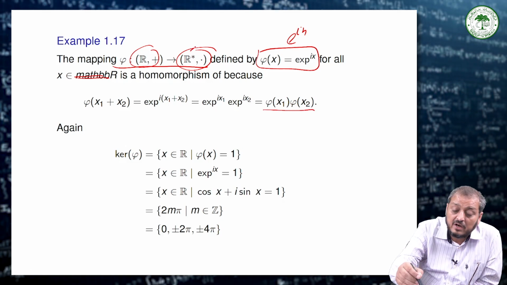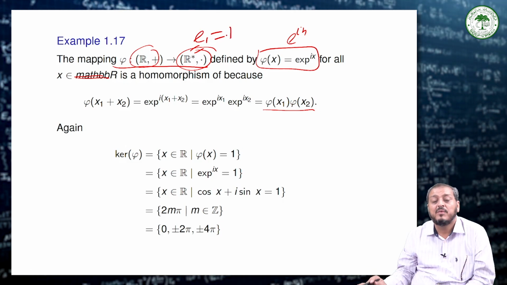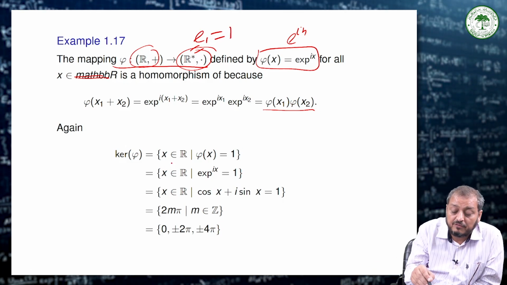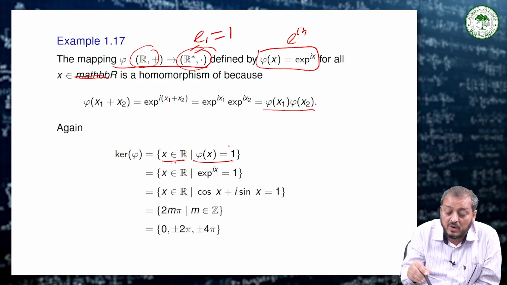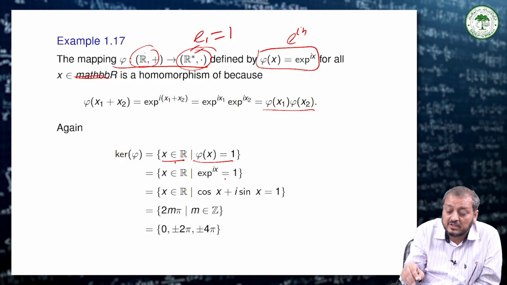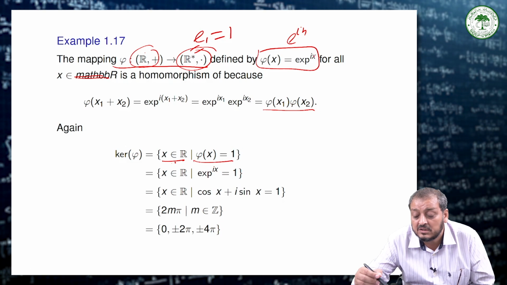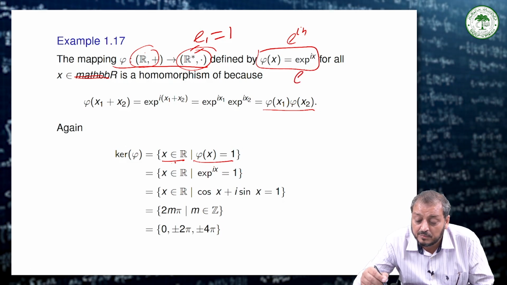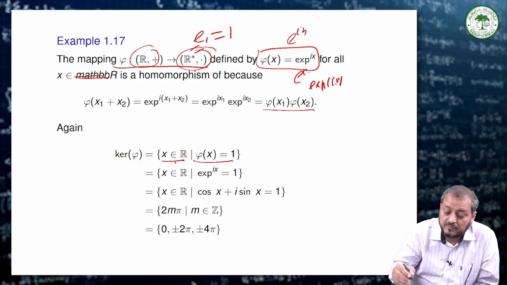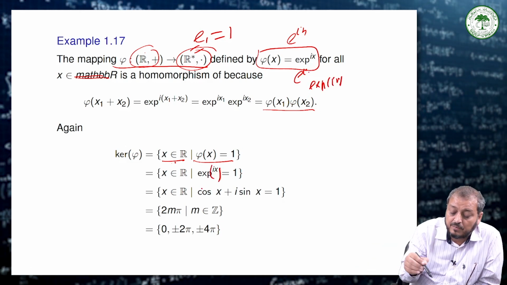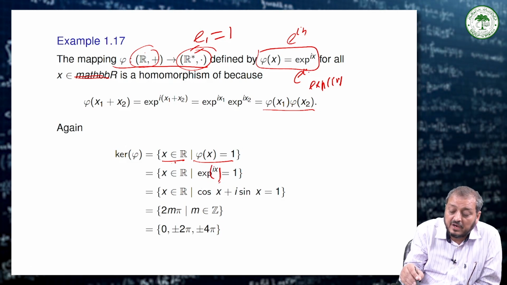Now the identity of this set under multiplication is 1. So the kernel of phi is the set of elements x of the real numbers such that phi of x is equal to the identity element 1. Then exp(ix), which is not a power but is written as the exponential of ix, e to the ix, is equal to 1.